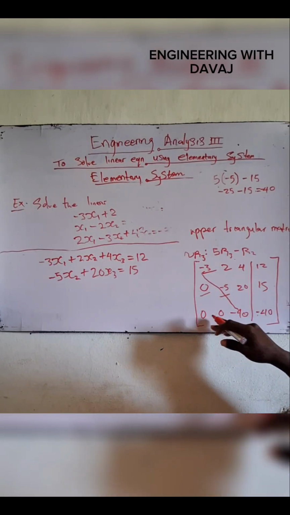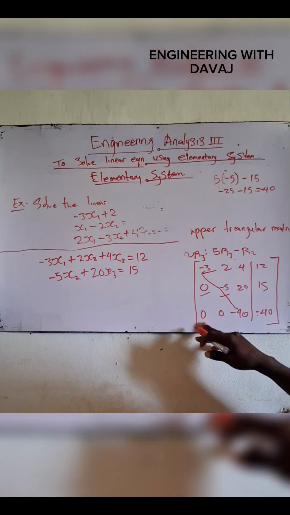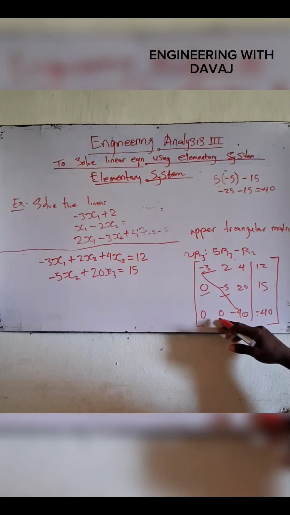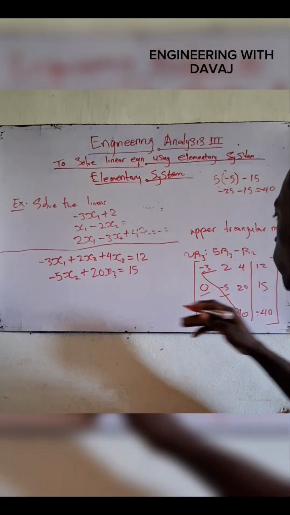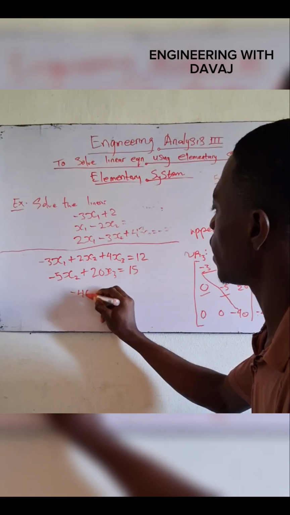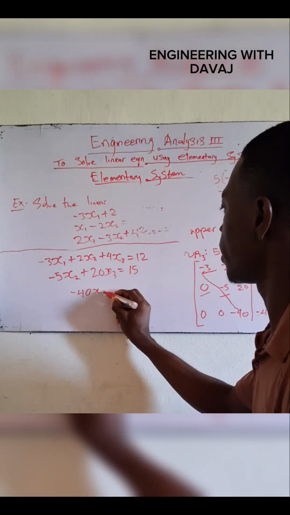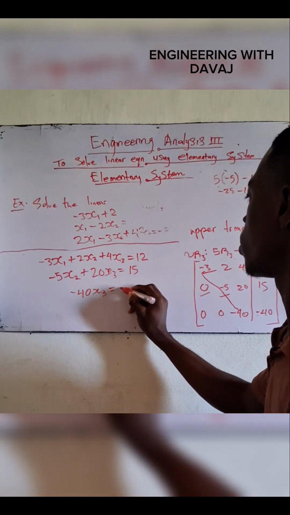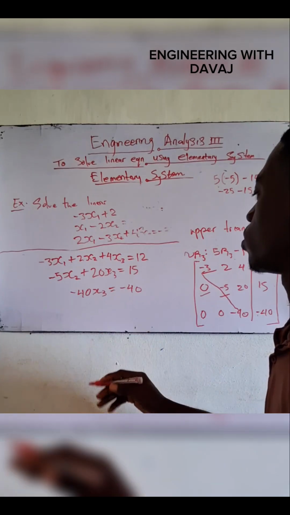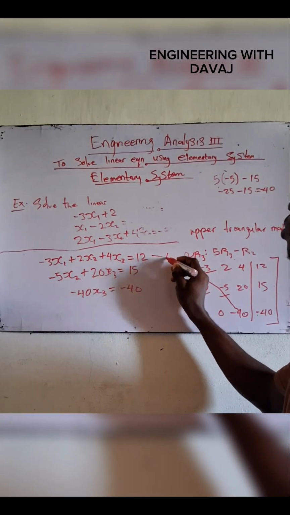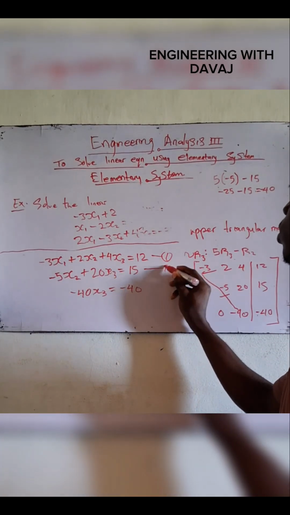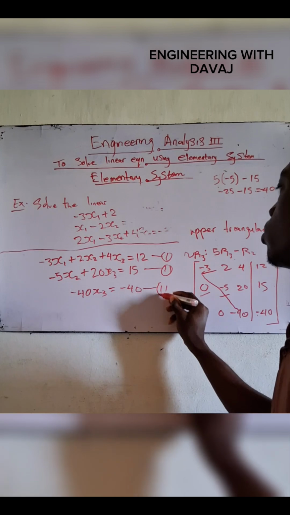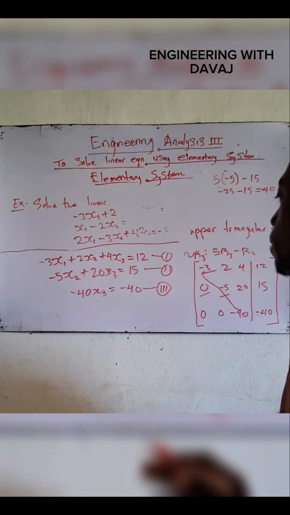So 0x1 is still 0, 0x2 is still 0. I'm going to start this one: minus 40x3 equals minus 40. So I'm done. This is my first equation, this is my second equation, and this is my third equation.